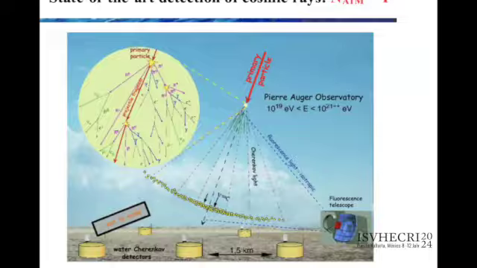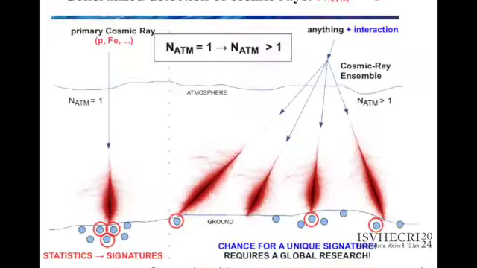Then we need a different approach, in the case of a generalized detection of cosmic rays, when the primary cosmic ray doesn't only leave an imprint that is localized, but instead creates something like a collection of showers that ends up being called a cosmic ray ensemble.